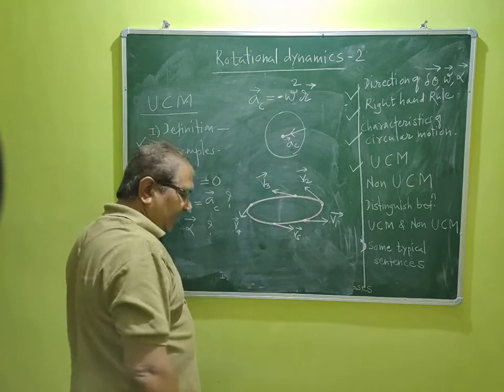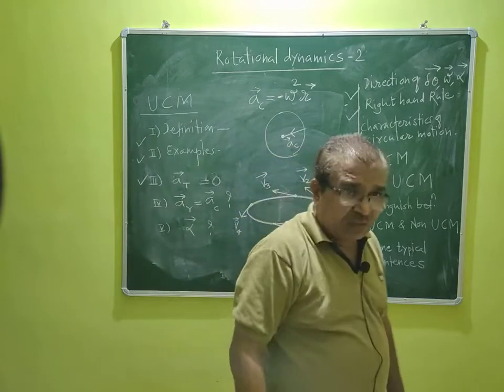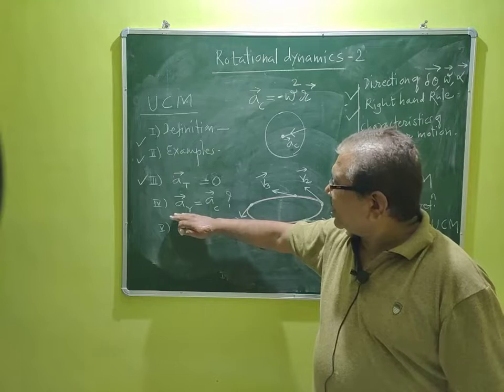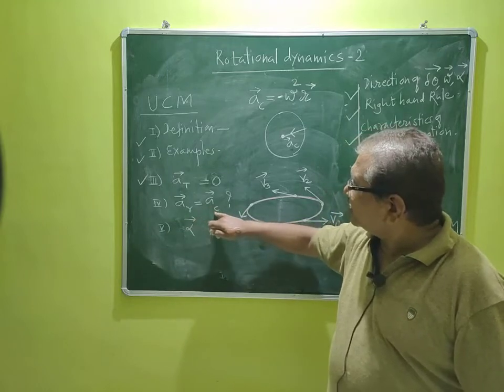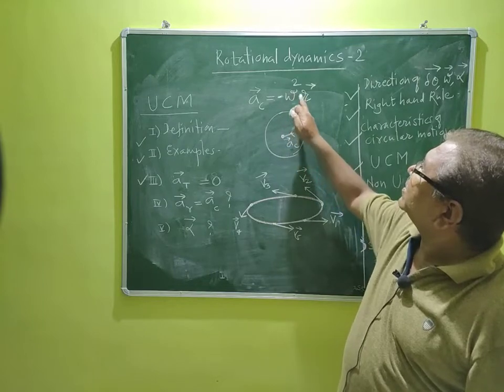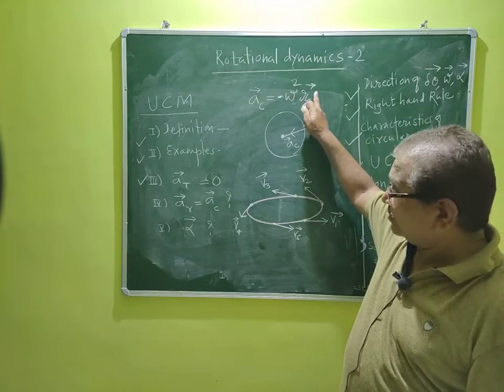This is the meaning of the negative sign. So in uniform circular motion, radial acceleration equals centripetal acceleration equals minus omega square r vector.